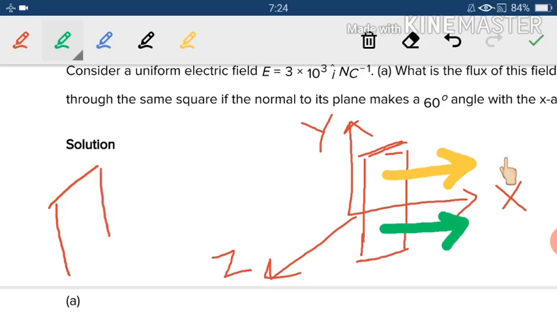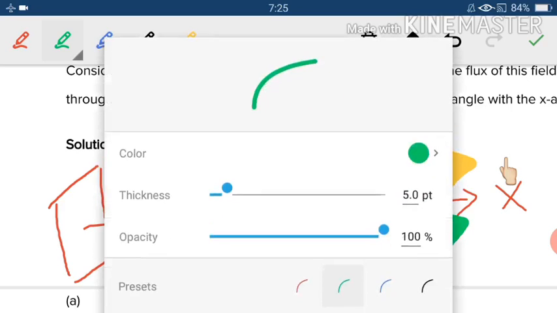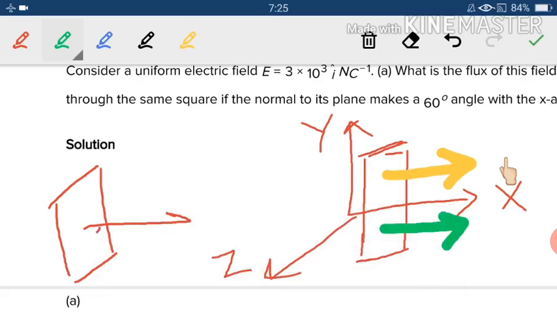Suppose now the plane is like this, a little bit oriented. The electric field is in this direction, and now the normal is in this direction, in such a way that they both are making a 60-degree angle.